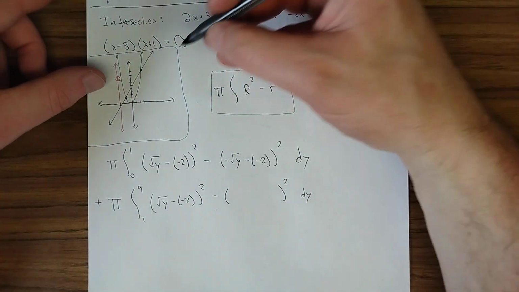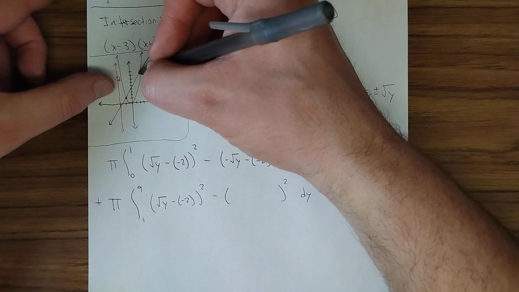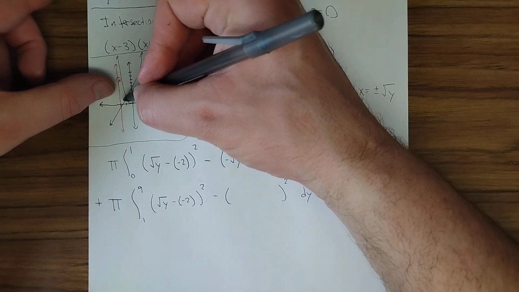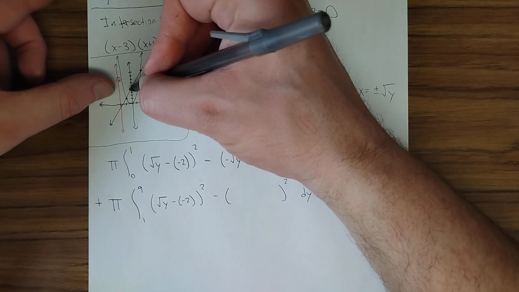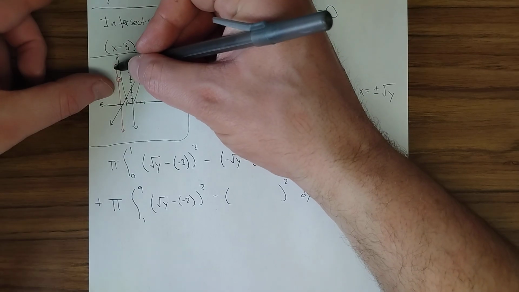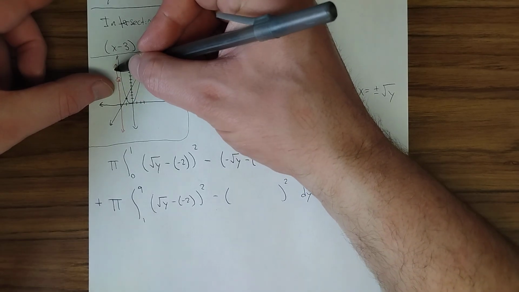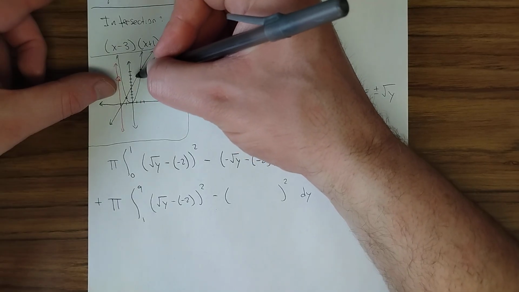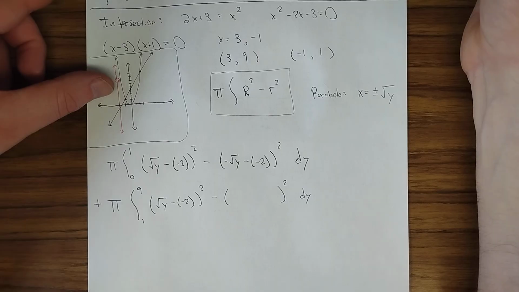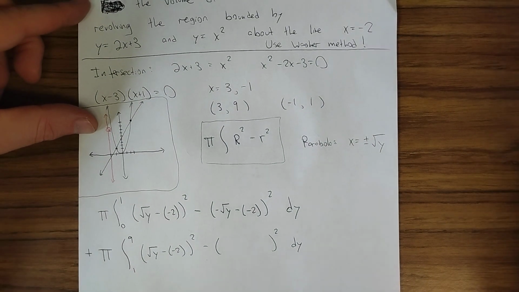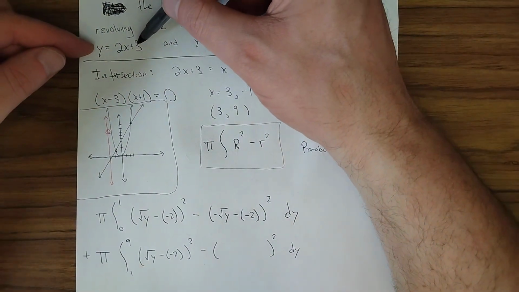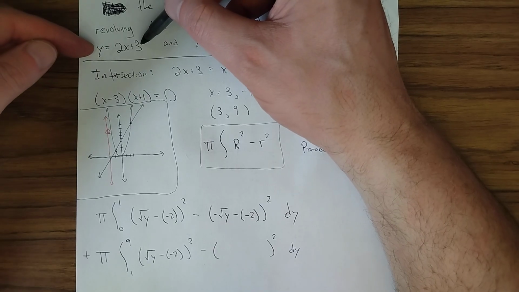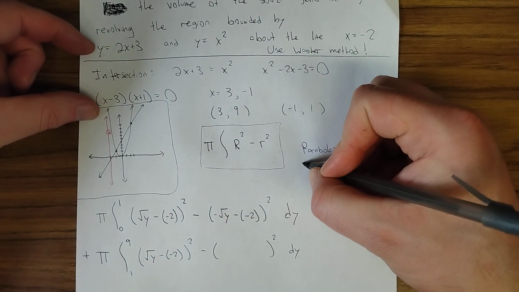But now little r is going to be the distance from the near end, and when I say near, I mean near to the axis of revolution. So it's the line. It's the x coordinate of the line. So actually, it just occurs to me, we didn't need it before, but we need it now. I need the x coordinate of the line.